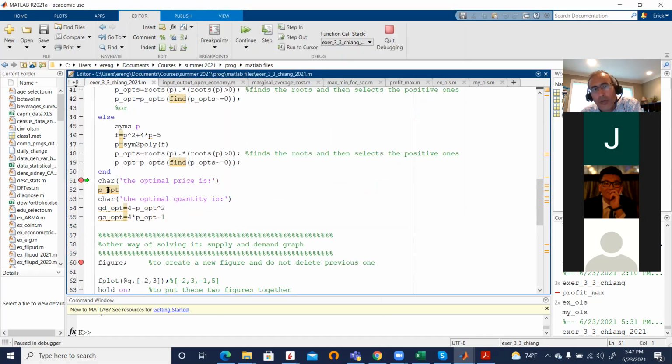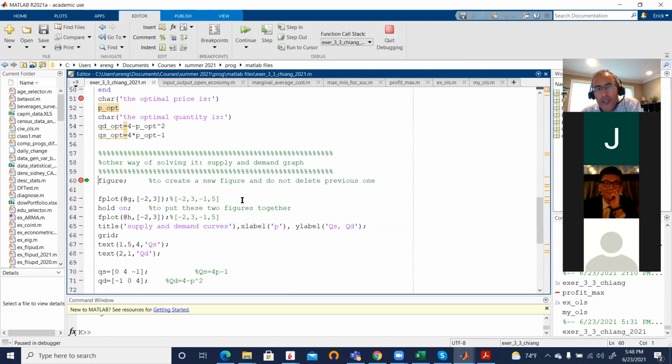I compute what is my optimal price, and then I compute what is my quantity demanded at this price, and what is my quantity sold at this price. We can do that. 3 and 3, of course, because QS should be equal to QD. So at price 1, the market is going to clear. How many products are we going to produce? 3. Make sense to everyone, guys?